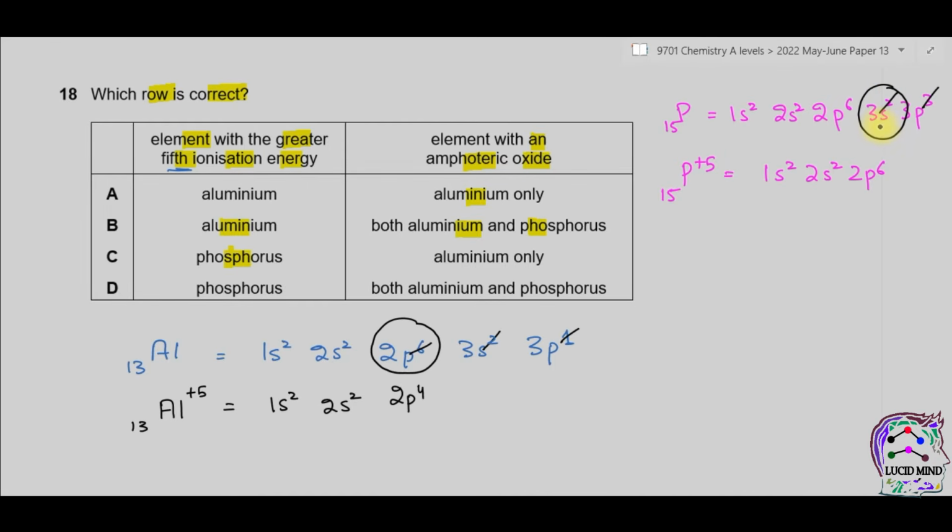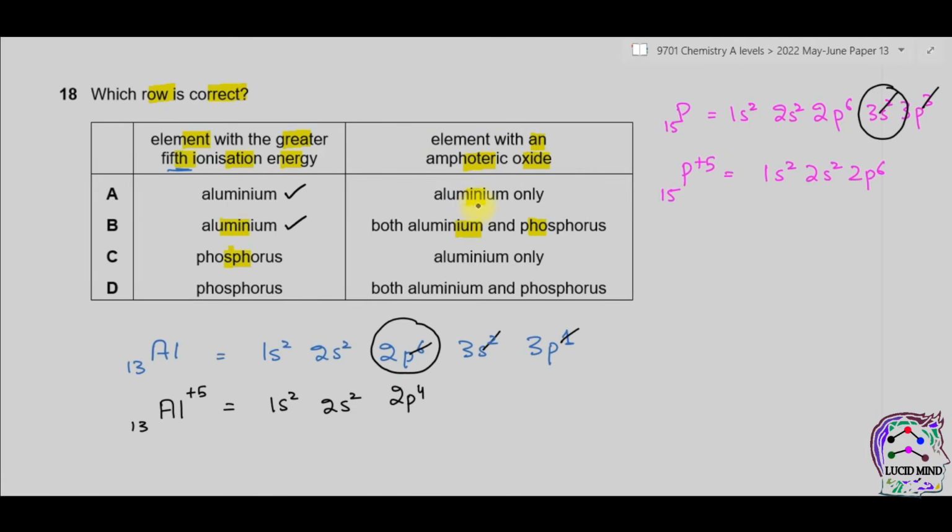Now 3s is farther from the nucleus as compared to 2p, so the energy needed for 3s should be less as compared to the energy needed for 2p. So greater ionization energy is for aluminum because the fifth electron that is removed will be closer to the nucleus. Second thing is we have to find out the amphoteric oxide.